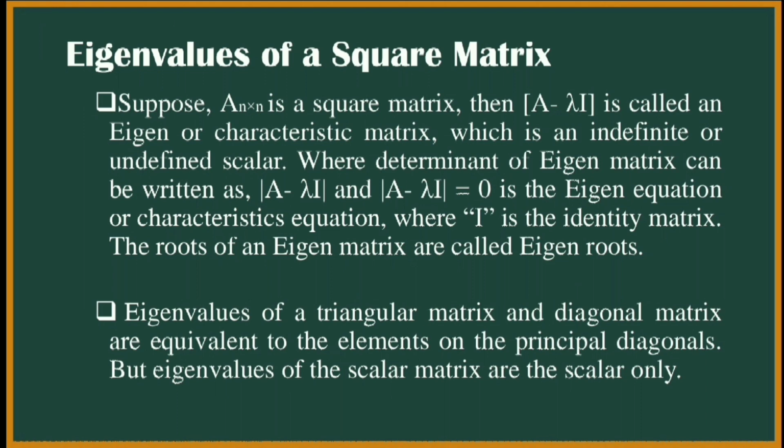The determinant of the eigenmatrix can be written as determinant of A minus lambda I, and determinant of A minus lambda I equals 0 is the eigenequation or characteristic equation, where I is the identity matrix. The roots of an eigenmatrix are called eigenroots. Eigenvalues of a triangular matrix and diagonal matrix are equivalent to the elements on the principal diagonals, but eigenvalues of the scalar matrix are the scalar only.